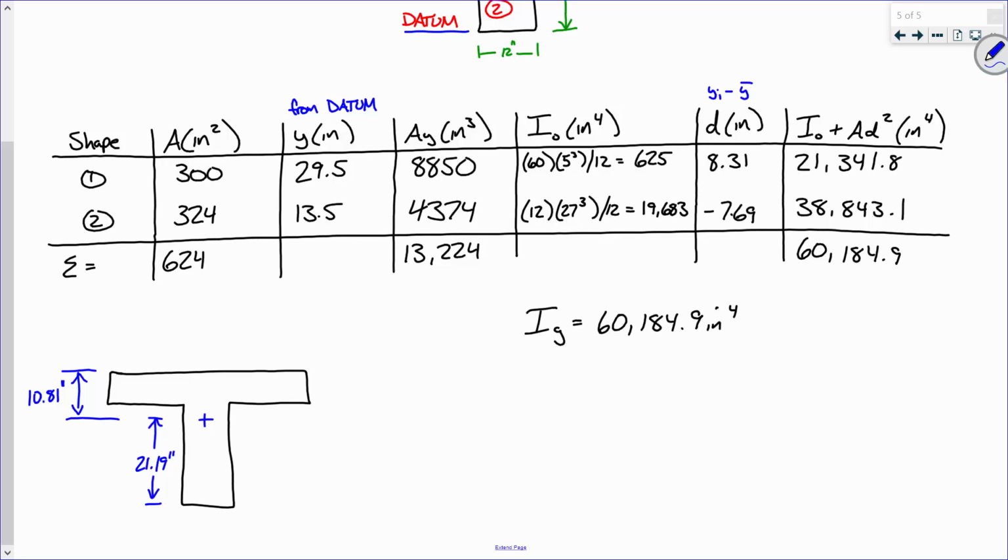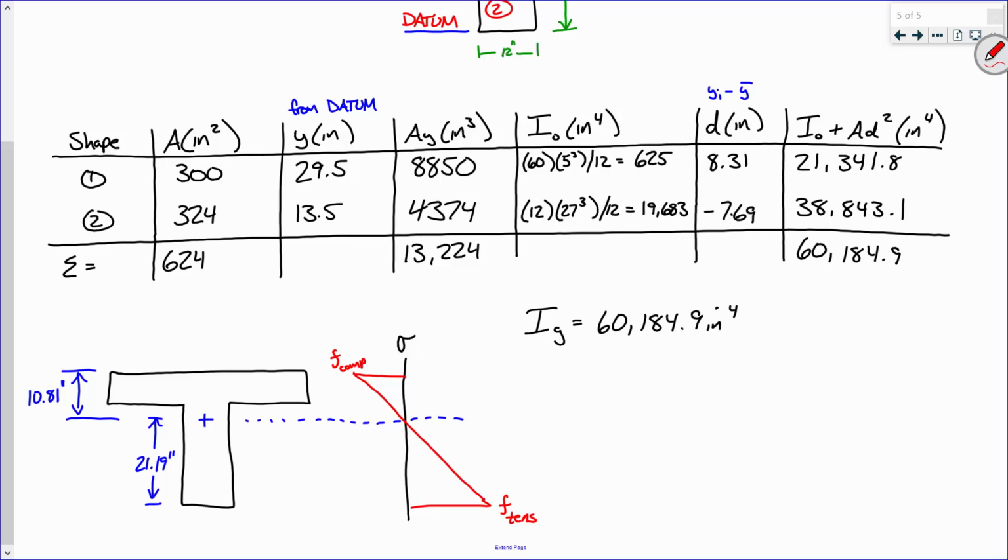The reason why that's important is because when we look at our bending stress profile, it is going to look something like this. I'm doing my best to draw this to scale. Something about like that. So this is going to be the maximum compressive stress that the section is seeing, and this is going to be the maximum tensile stress.